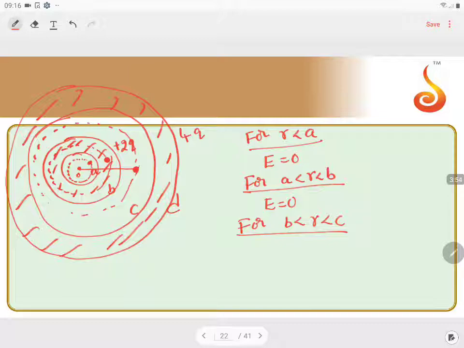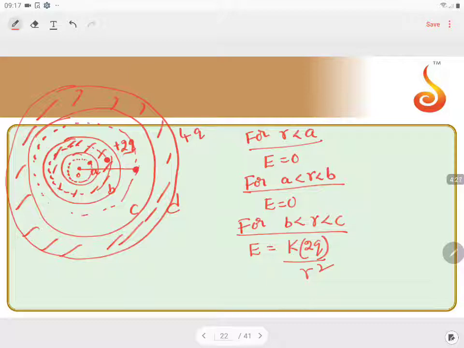What is the total charge on the inner shell? 2q. It may be a conducting or non-conducting shell, but for an outside point, it behaves like a point charge placed at the center. So when you place a point charge 2q at the center, what would be the electric field at this distance? You can also apply Gauss's theorem and you get the same result. So E equals K times 2q divided by r square. This is the electric field at that point.